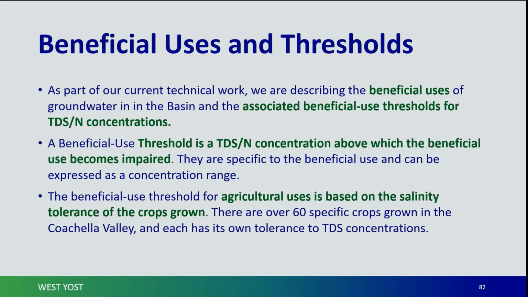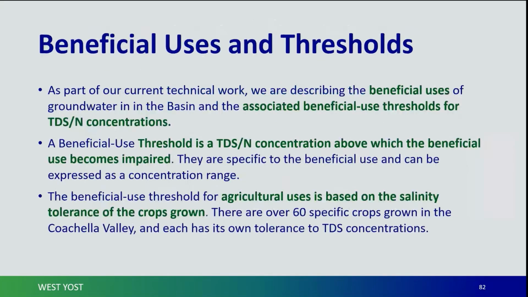So it's not a water quality objective. If you're familiar with a water quality objective, that is something that a regional water board can establish for what they call groundwater management zones. And it's a specific concentration, not a range, that ensures the reasonable protection of beneficial uses.